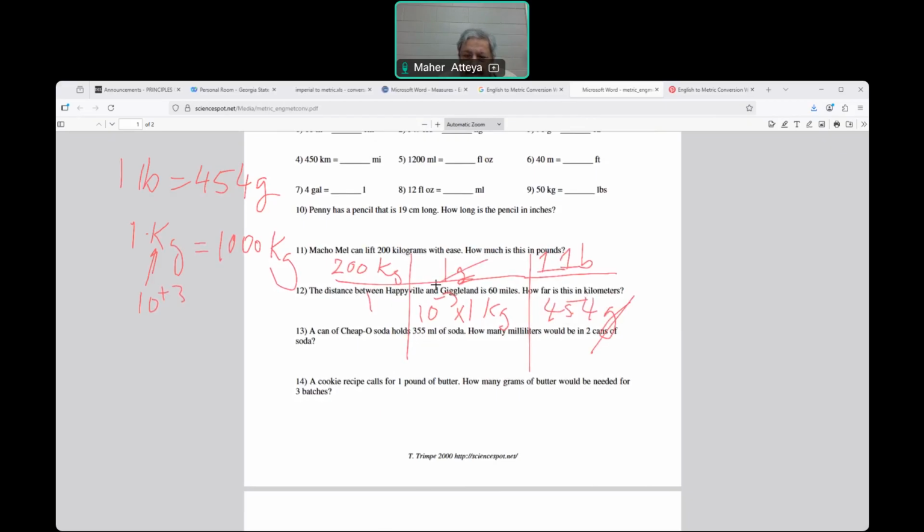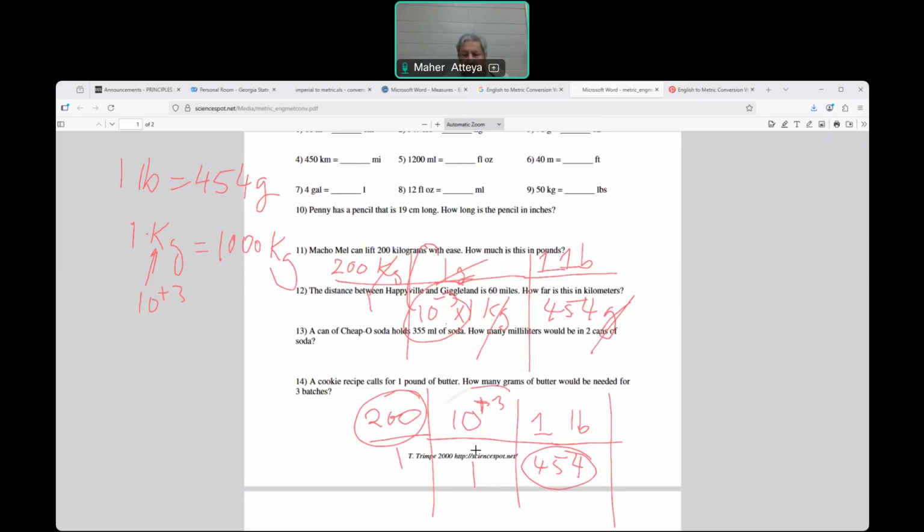So the grams cancel out, the kilograms cancel out, and the pounds are still there. Take the 10 to the minus 3 up: 200 over 1 times 10 to the plus 3 over 1 times 1 pound over 454 grams. Just multiplication and division, and watch for this here, so you can get your answer.